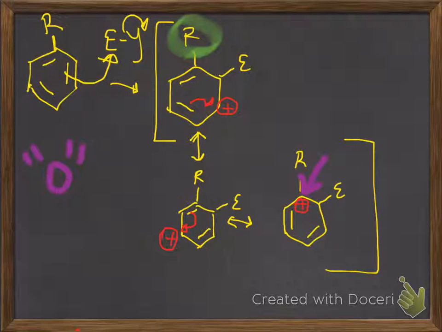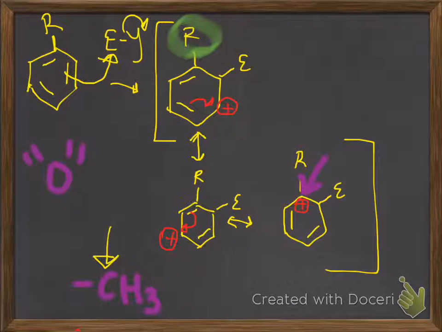So if you think back to last semester, remember when we talked about induction and hyperconjugation? So groups like CH3 or any alkyl group, it could be not just a methyl, but an ethyl group or propyl group, anything like that. The electron density from this carbon here can actually be spilled over or donated to help fill out that carbocation.